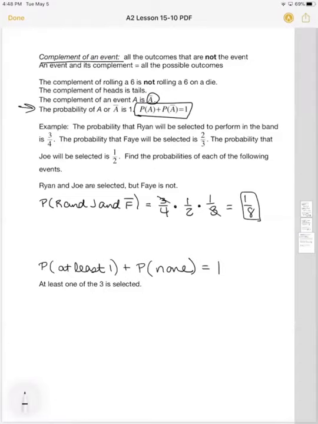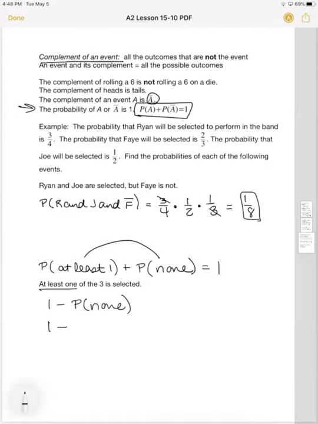So since I know that the probability of at least 1 plus the probability of none equals 1, and that these 2 are complements, I can simply say that at least 1 is the same thing as 1 minus the probability that none of these 3 are going to make it. And that's going to be easy to find. So let's do 1 minus. The probability of none would be, let's start first with not Ryan.